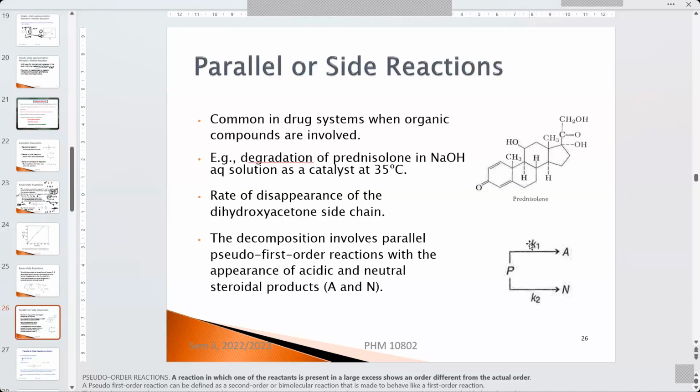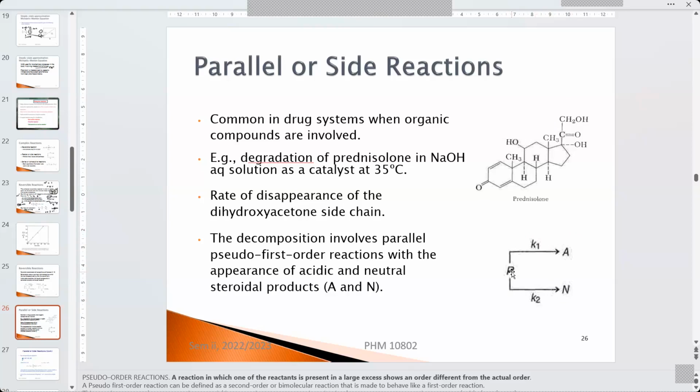So there are parallel reactions. The degradation will follow two pathways. One of them will make acidic degradation product, and the second one will make neutral degradation product. Each of it has its own reaction rate constant.